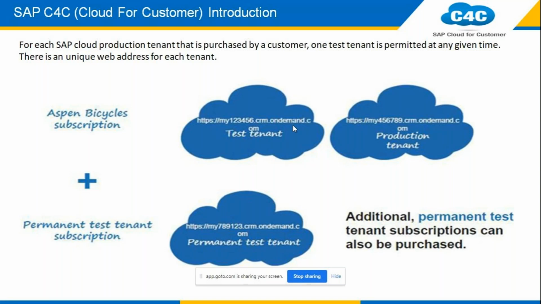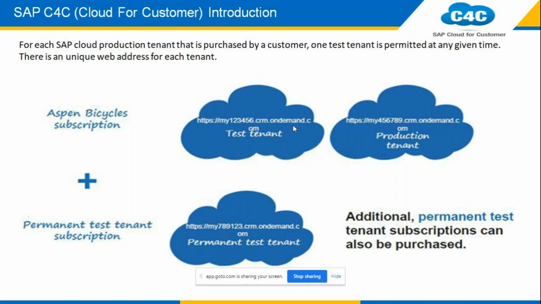Now, considering C4C to be an integrated system, in that case the test tenant is normally integrated with a quality server of S4 HANA ECC, whatever it may be, or any other third-party application. It may be an Oracle or any third-party application. But the client requests that they want an additional test tenant which can be integrated with their development server as well.